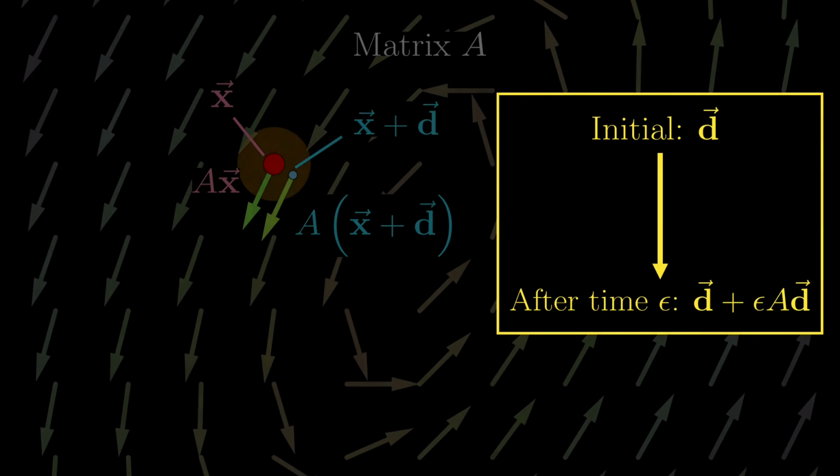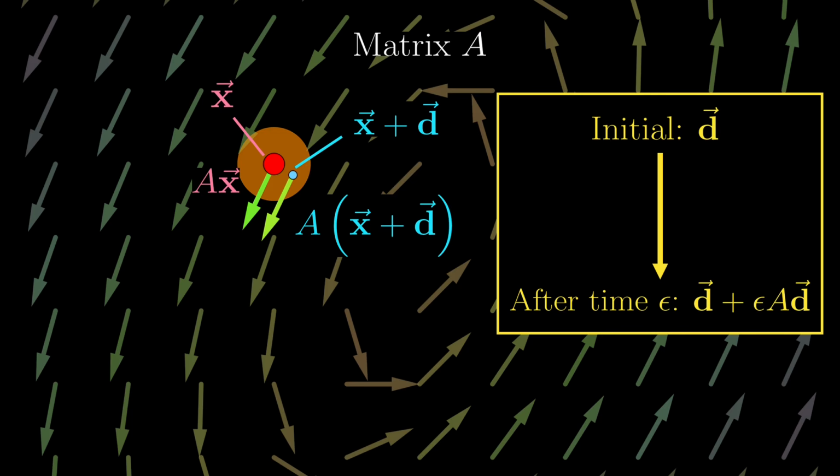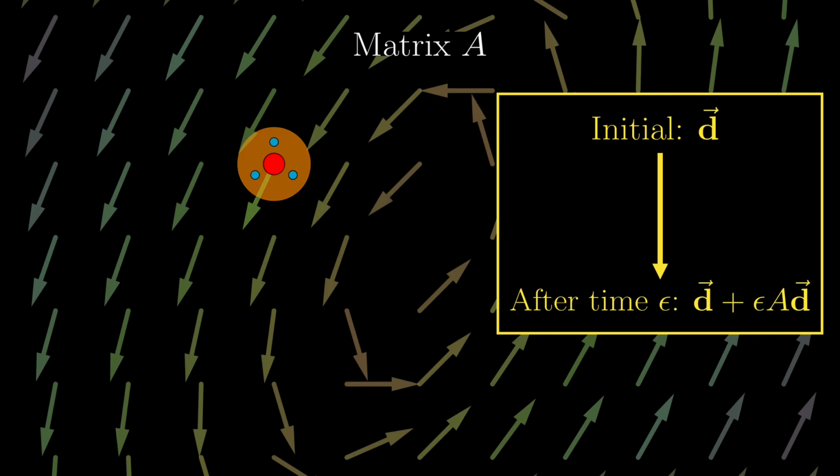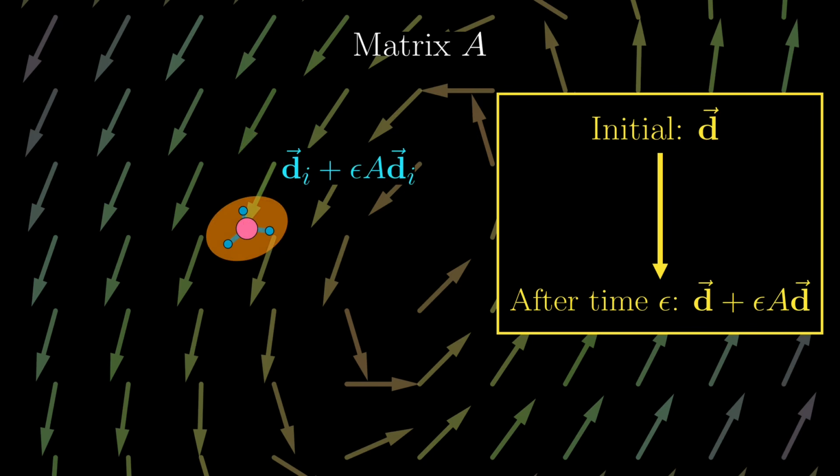So if we have this exact shape of the small region, let's illustrate it with just 3 points, each with displacements di from the point we try to compute the divergence of. After a short epsilon period of time, the displacements are changed to di plus epsilon a di. But these are independent of our position.